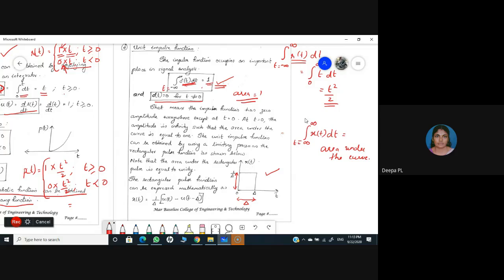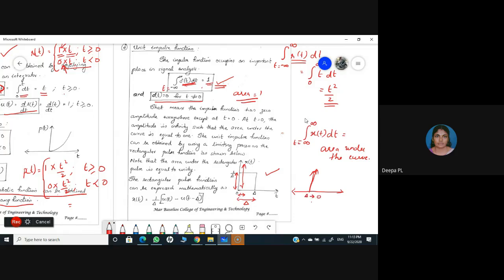Then what happens if I'm decreasing this delta? That means if I'm decreasing this delta, the width will decrease, and the height should what? It should increase. Okay, that means if I'm decreasing the width continuously, I will be getting a very thin line, most close to the y-axis, and it is moving towards infinity because delta is tending to 0.